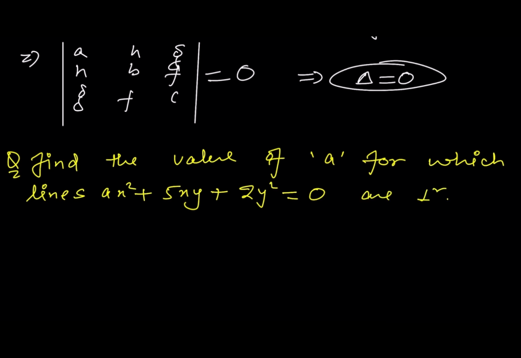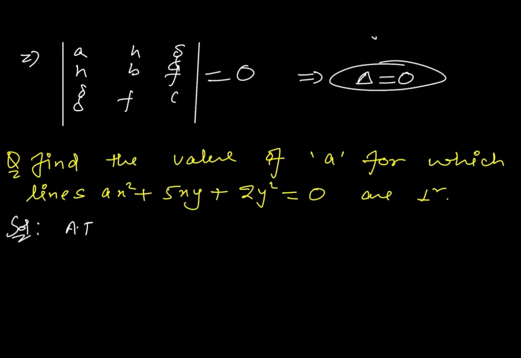So students, we have to find the value of a, but we have seen the condition. If a pair of lines are perpendicular, then the coefficient of x square plus the coefficient of y square must be 0.